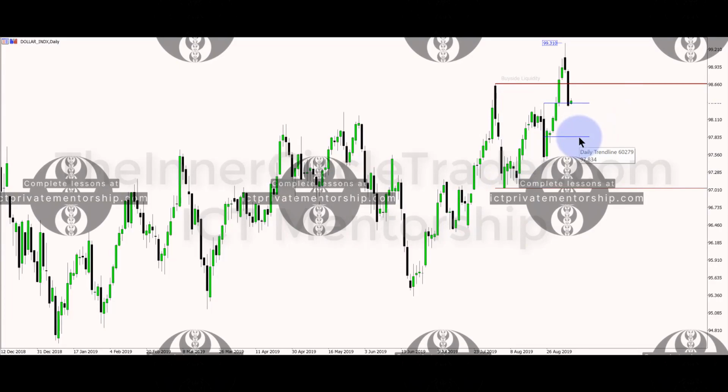Point of interest is here, 97.83, 97.85 in that area. If we trade down to that level, I don't think we're going to be bullish, personally. I think it's going to go to that level and smash through it, attack the liquidity here, and eventually I want to see these equal lows be taken. We have another area of relative equal lows here for another sell side liquidity pool.